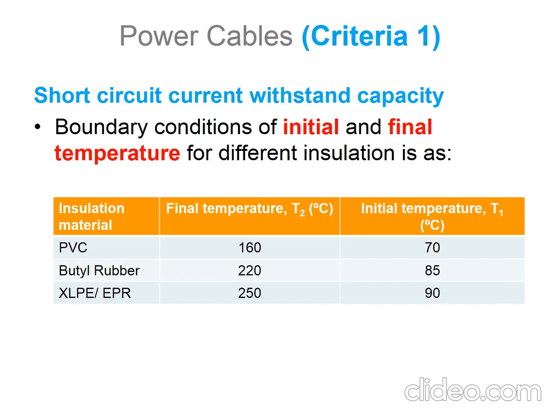We can see that for XLPE cable, the final temperature and also the initial temperature are much higher compared to other insulations. That's why usually for cable we use XLPE for good insulation.